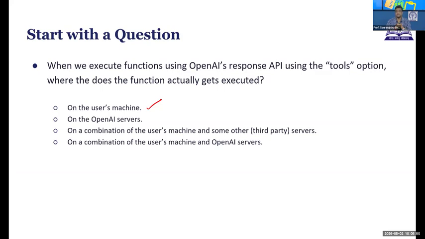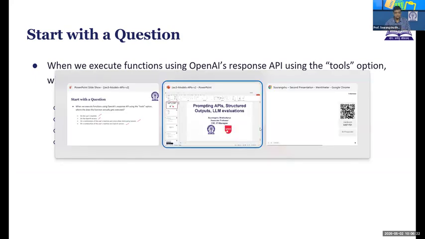So you are, let's say, running that code on a laptop. Does it get executed on your laptop? Does it get executed on the OpenAI servers? Does it get executed in a combined manner on the user's machine and some third-party servers? Or on a combination of the user's machine and the OpenAI servers? I'm going to switch to the Menti tab.